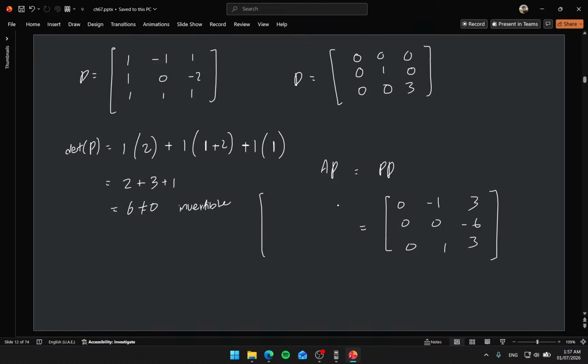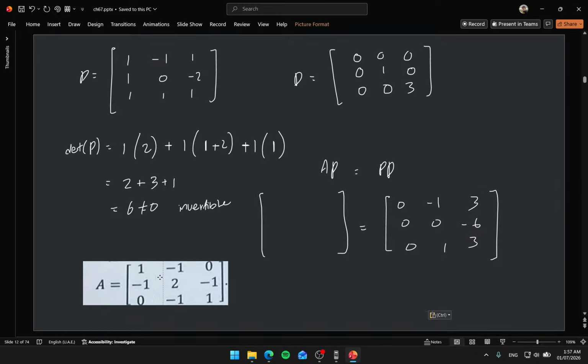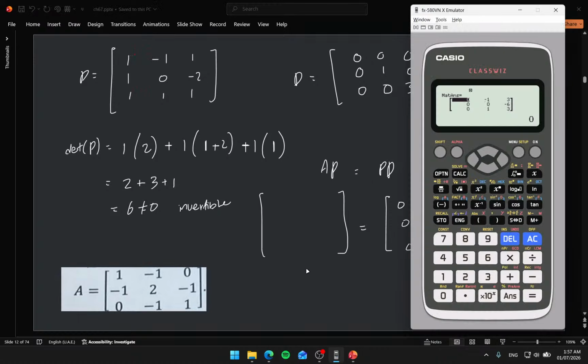What about AP? Well, matrix A is this, right? So I need to save matrix A as 3 by 3: 1, negative 1, 0, negative 1, 2, negative 1, 0, negative 1, 1.